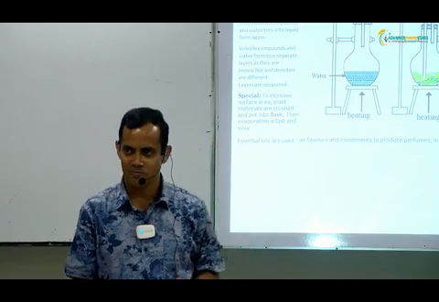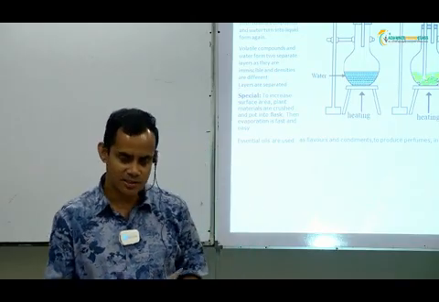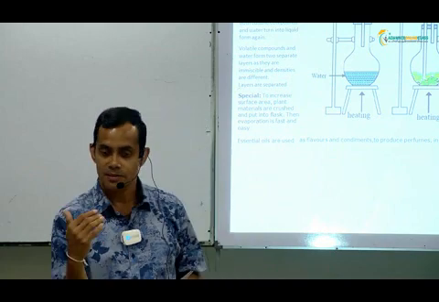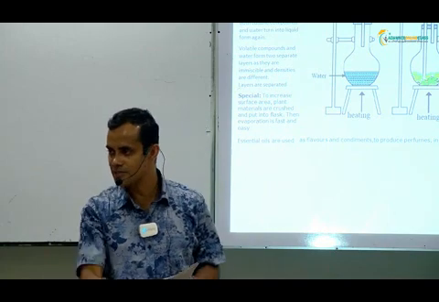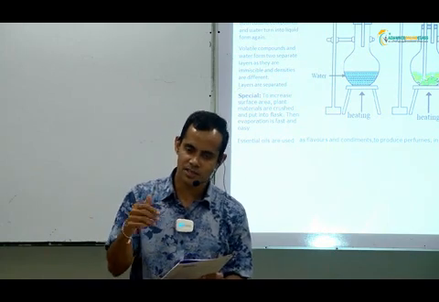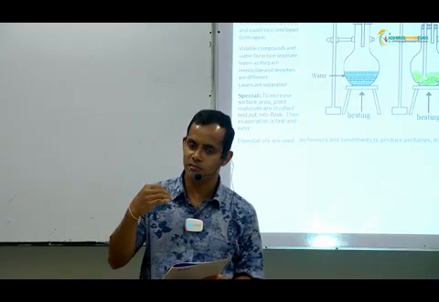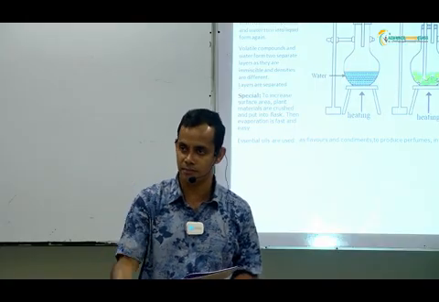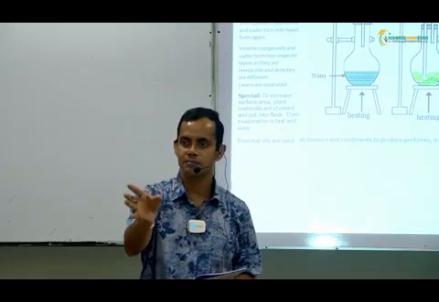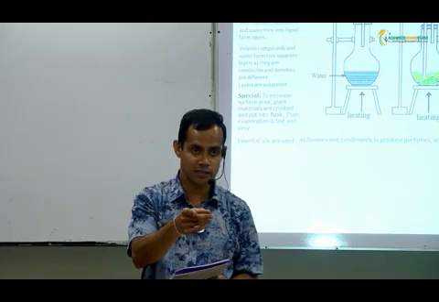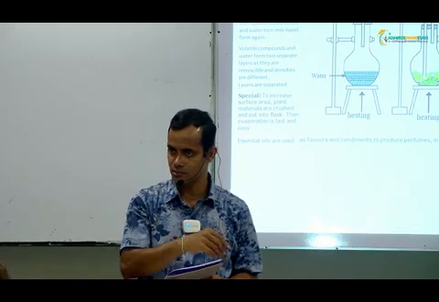If they ask in the exam, which of the following are correct about steam distillation? One statement: boiling point of water is 100 degrees Celsius, so we have to heat plant parts to 100. Water 100 is correct, but we don't have to heat up to 100, so the statement is wrong.